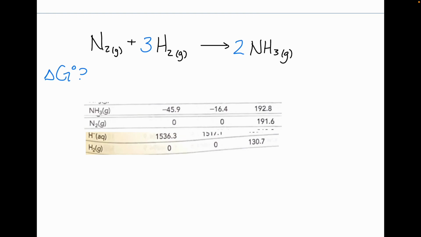Cool. All right, and if we looked at our constants page, we see that this first column here is the delta H naught values, then G, then S. So again, everybody take a second and calculate the delta G naught of this reaction.